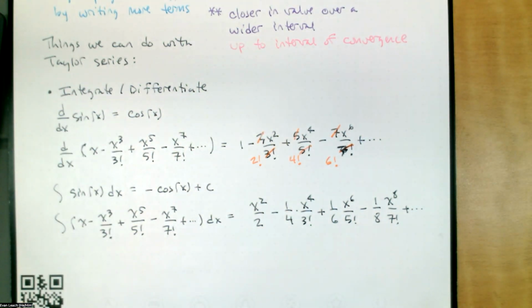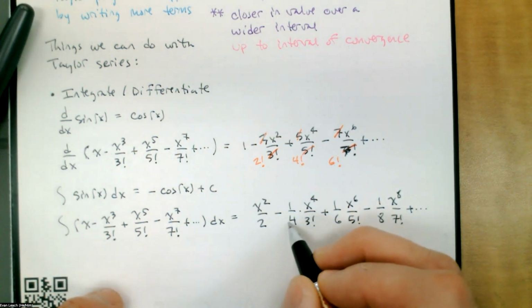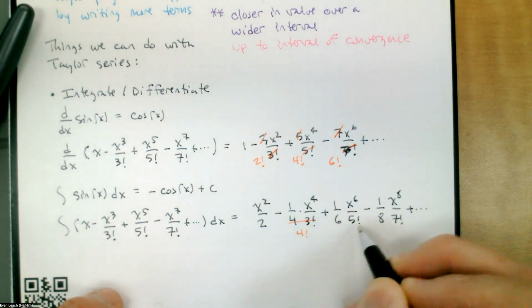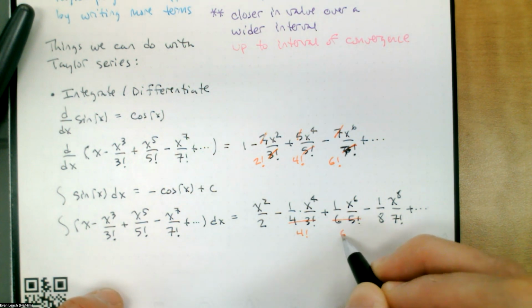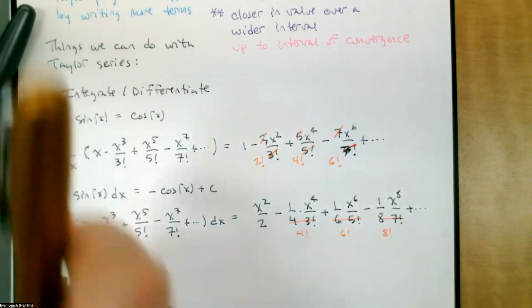Then we notice what happens is we're adding the next integer onto our factorials. So if we take 4 times 3 factorial, that's going to give us 4 factorial. 6 times 5 factorial is 6 factorial. 8 times 7 factorial is 8 factorial.